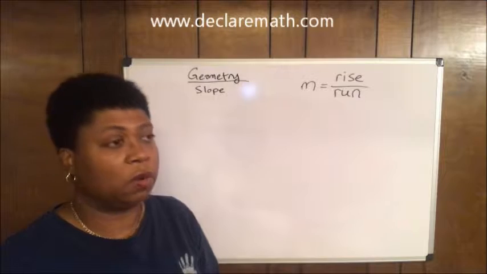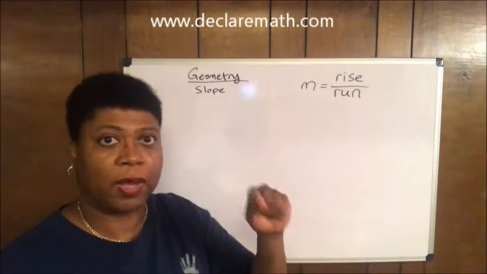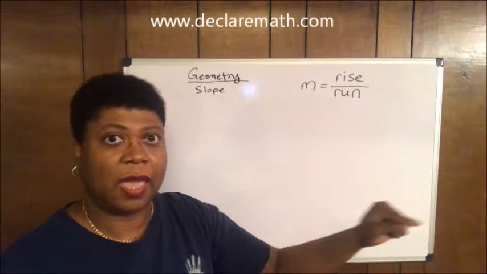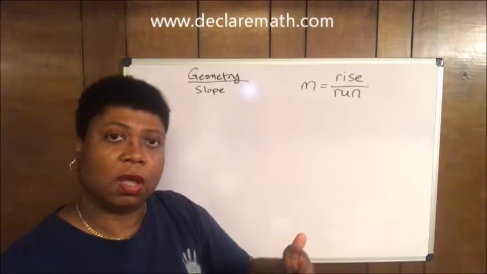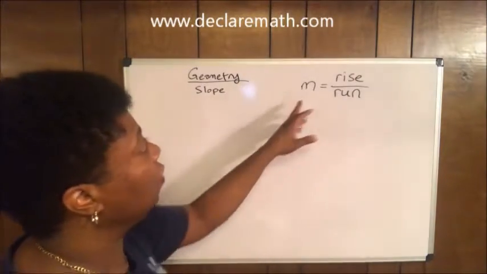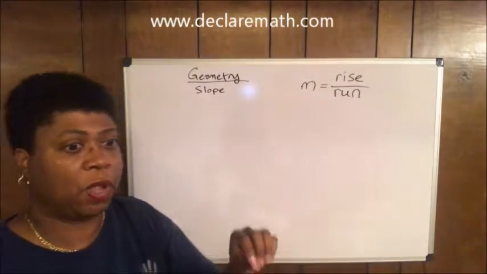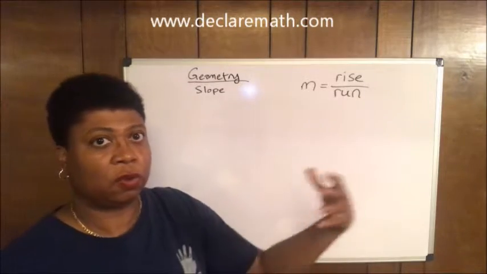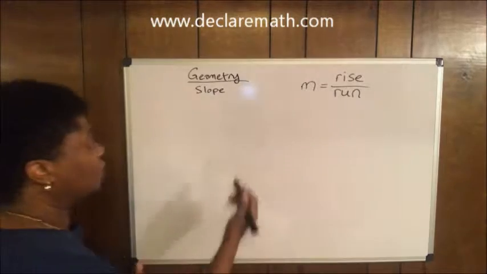When you run in a straight horizontal motion from point A to point B, you're going across. So we talk about rise, vertical, over run, horizontal. The slope is that ratio of where you go from point A to point B, your rise over your run.